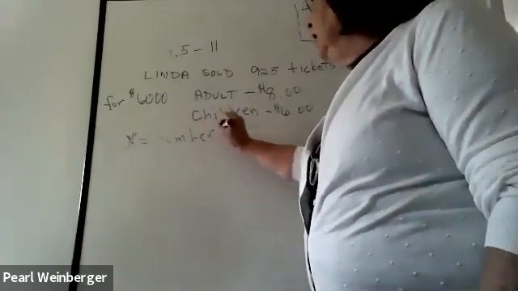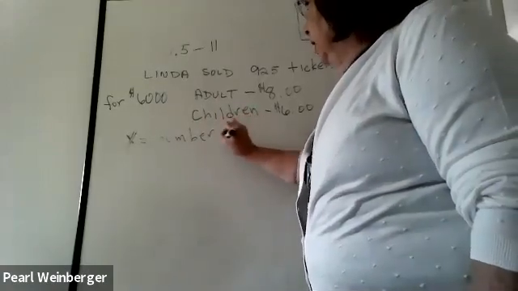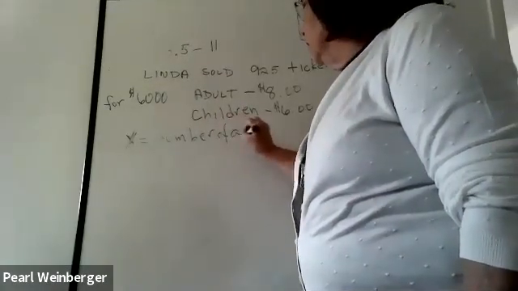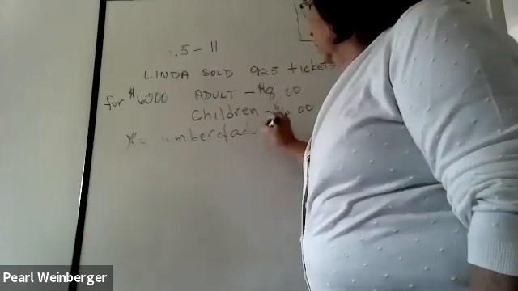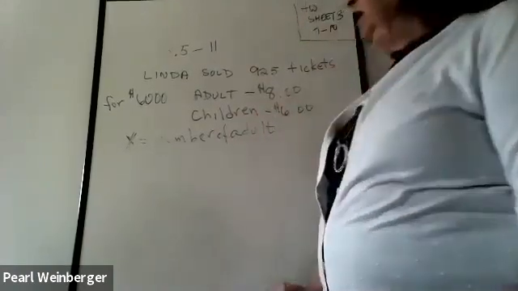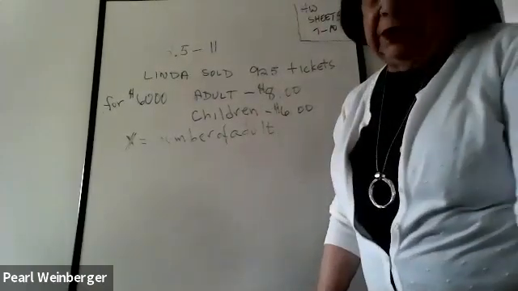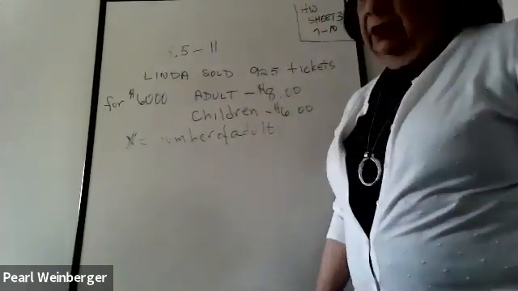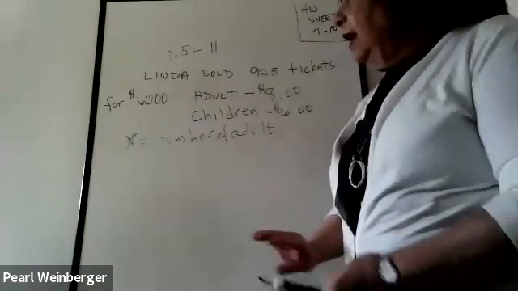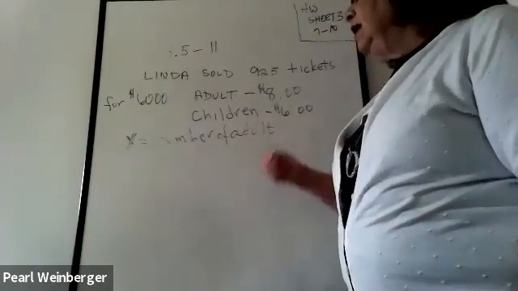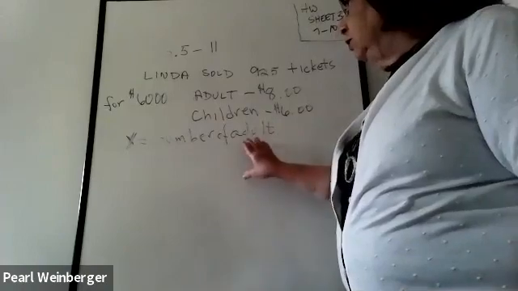I'm not just writing adult. I'm writing the number of adult tickets because I want to be really specific as to what my variable represents. Again, it asks me to find how many adult tickets and how many children's tickets were sold.